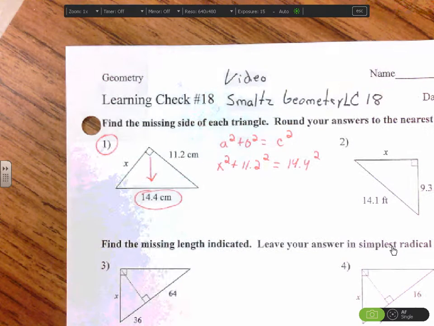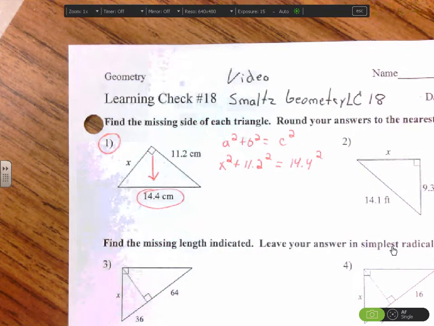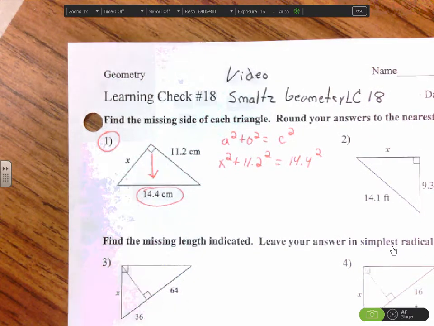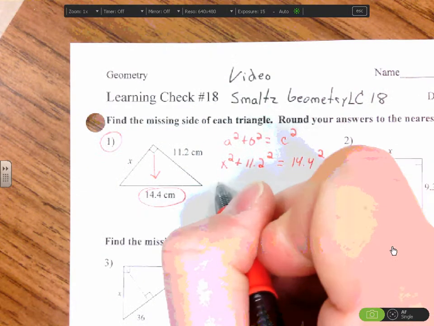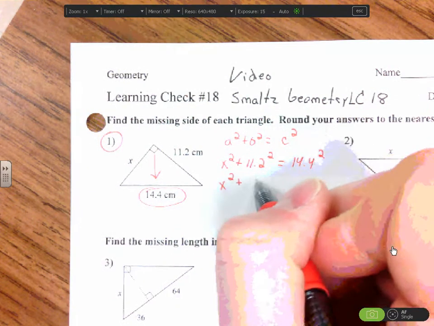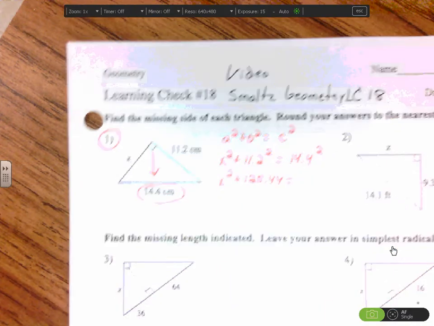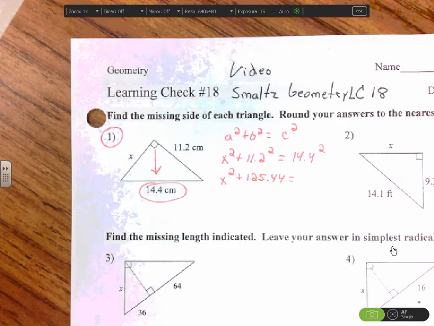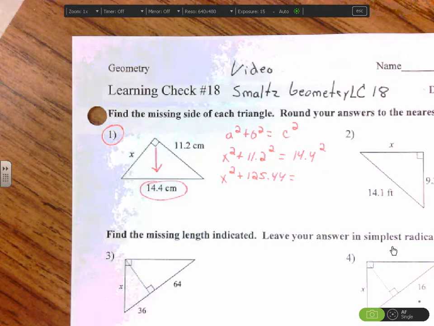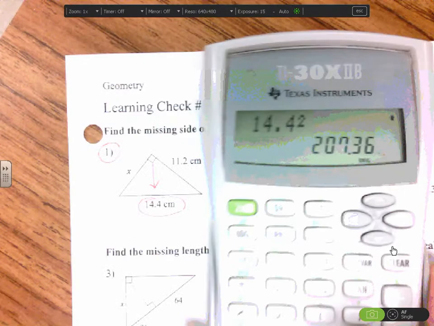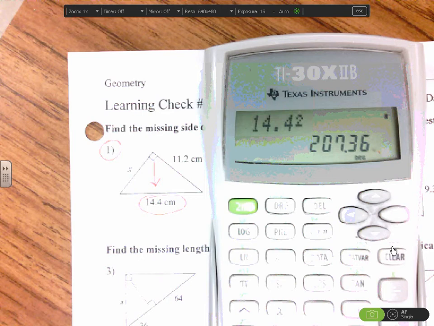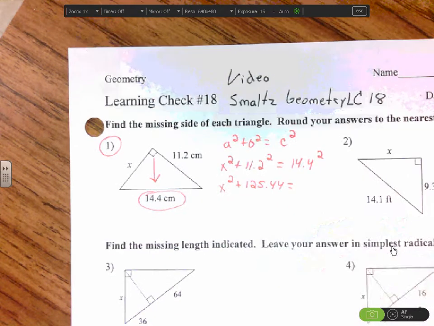Well, I'm using my calculator. 11.2 squared, let's see, it would be x squared plus 125.44 equals 14.4 squared. In my calculator, this is what it would look like: 14.4 squared is 207.36.